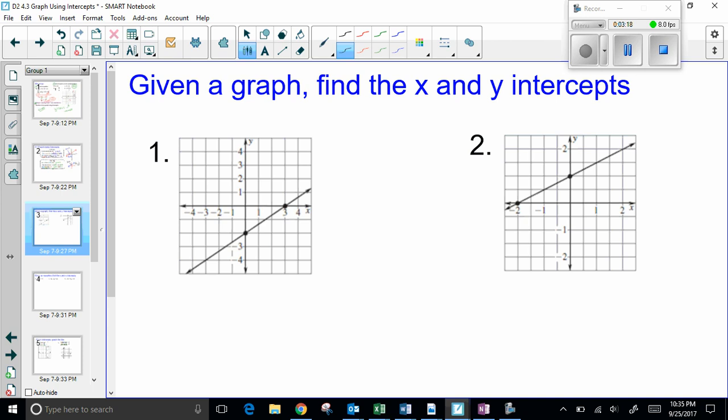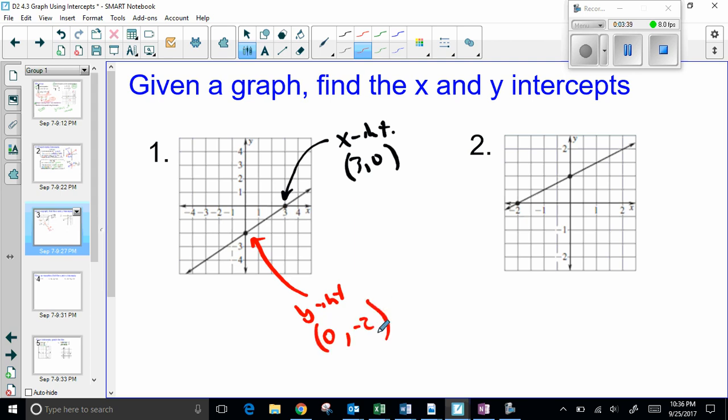Looking here, given a graph, find the x and the y-intercepts. Here it is on the x-axis. This is our x-intercept. That is 3, comma 0. On this graph, my y-intercept is 0, comma -2. Pretty simple.